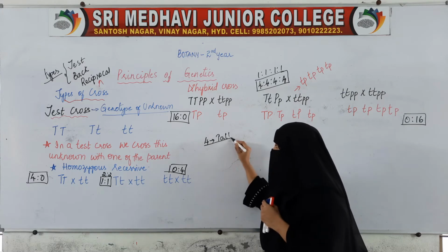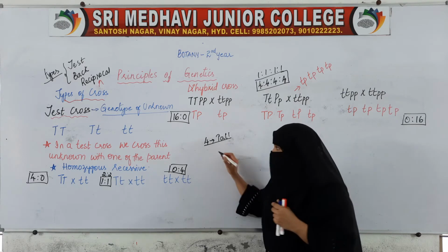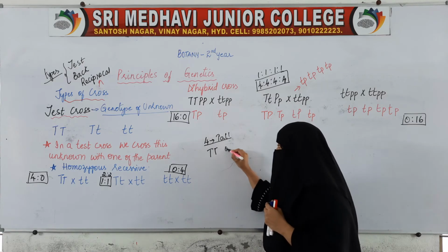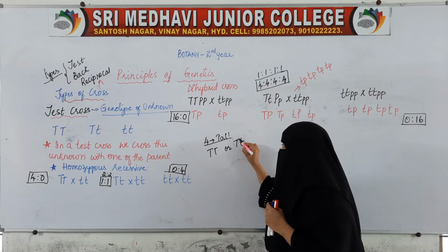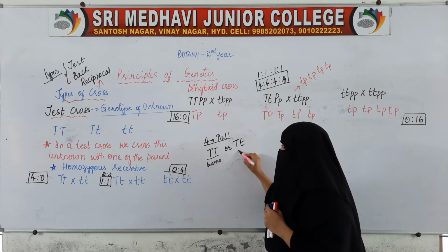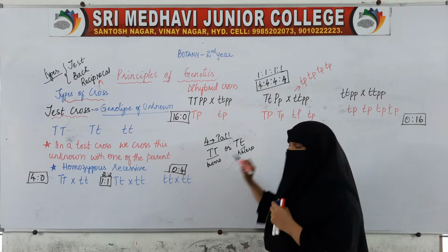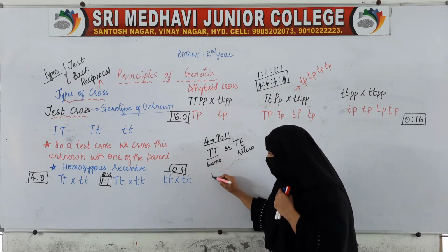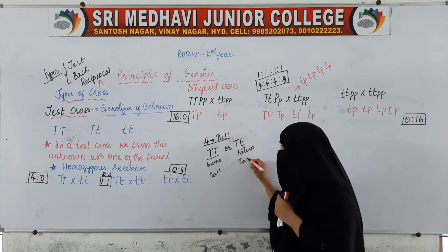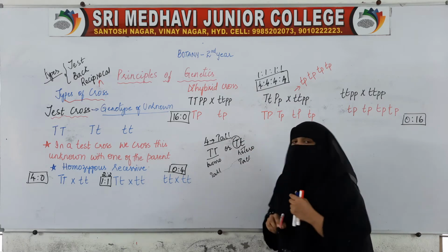Now we don't know whether these tall plants are from this parent or this parent. This is homozygous, and this is heterozygous. If we cross from this we will get all tall plants, and if we cross with this also we will get all tall plants, because T is the dominant one.